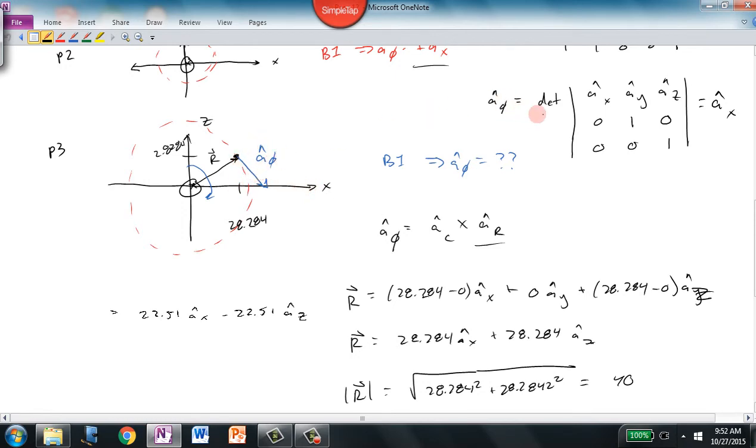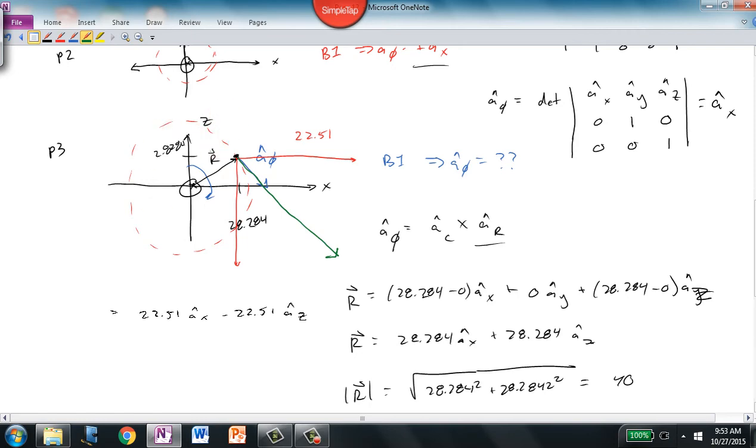Mathematical application using the determinant method of the Biot-Savart law got us that the resulting magnetic field vector is going to be 22.51 in the x direction. It's going to be 22.51 in the minus z direction. And so if we were to add those two vectors together, the resultant vector indeed just lies right there. So the results of the Biot-Savart law jive with what we determined using the right-hand rule.